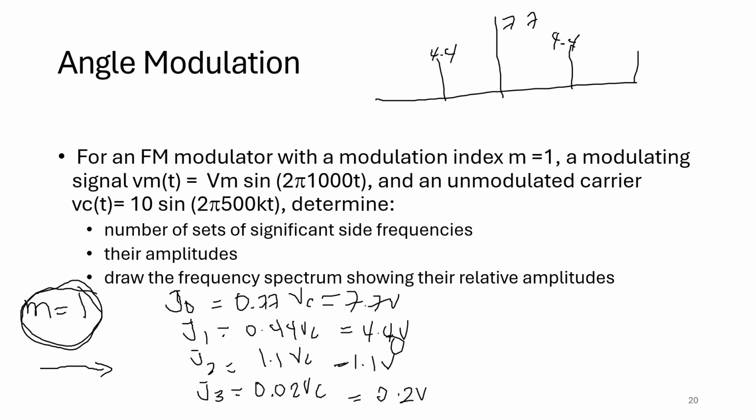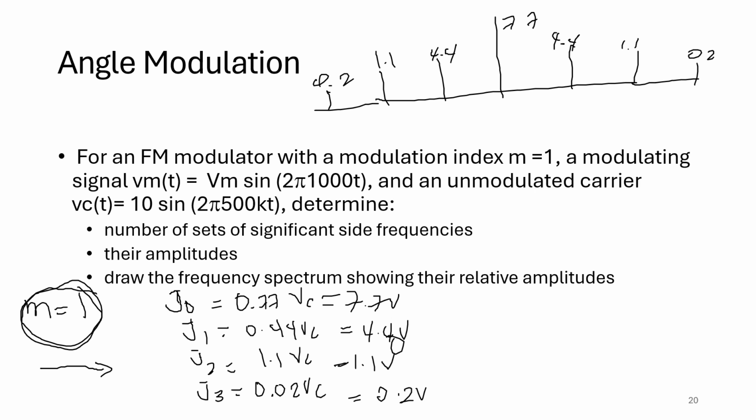Then 1.1 here, and lastly 0.2 here. These are the side frequencies produced. In AM, if we have a single modulating signal, we only have one pair, or two sidebands. It's a different story for FM.